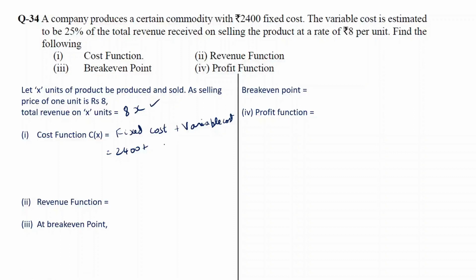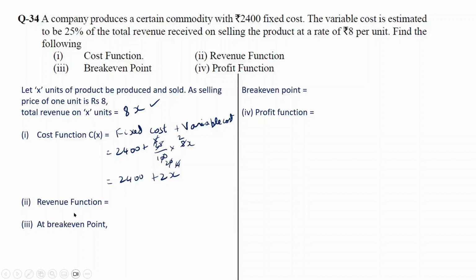So total revenue is 8x, plus 25 by 100 into 8x. So this is 1 by 4. Sorry, x is there. So this is 2400 plus 2x. This is the cost function C of x.